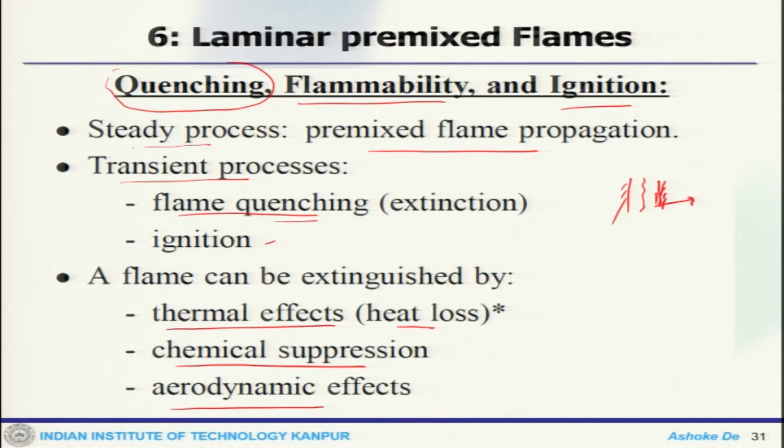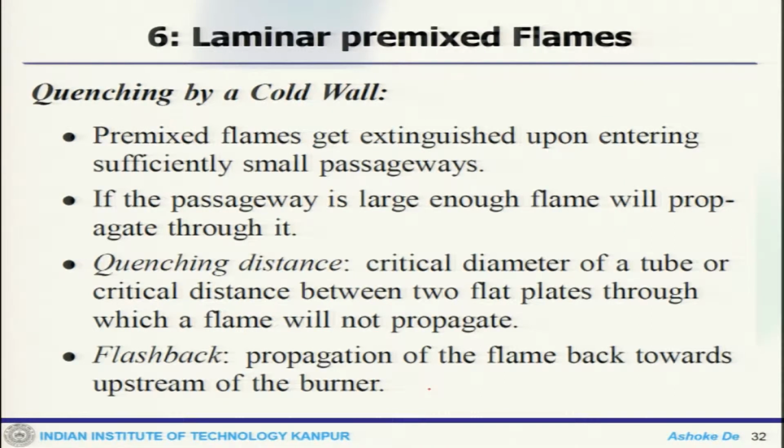Now, the fluid dynamics behind those things can actually cause the flame to extinguish also. This is what we mean by aerodynamic effect. Now, we will go one by one and look at what happens when quenching takes place by a cold wall.